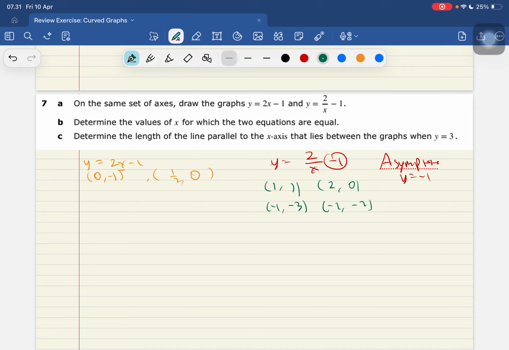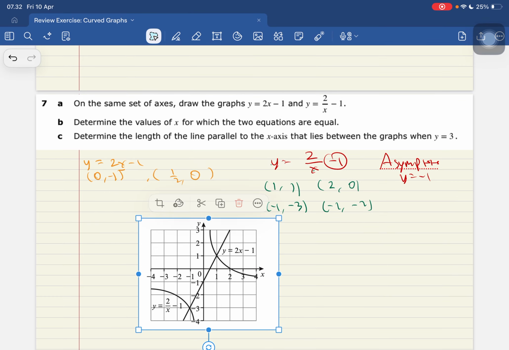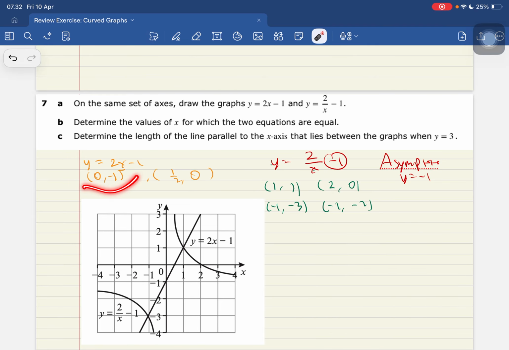Okay, so to draw it, we have the key points. I'll just screenshot. Here it is. Look at the points that we have found: (0, -1), and next is (1/2, 0).